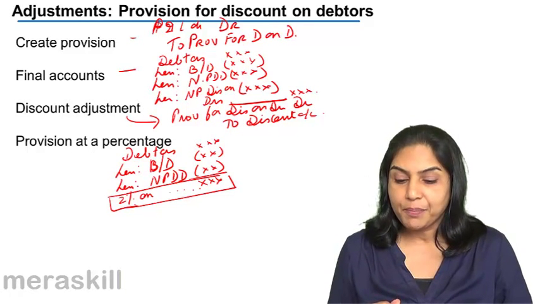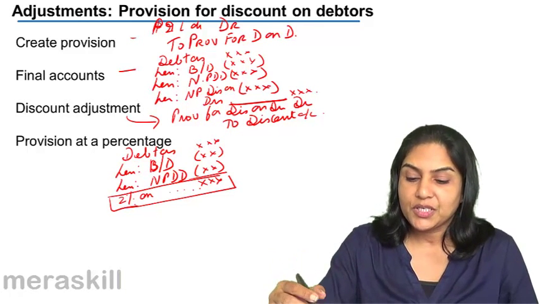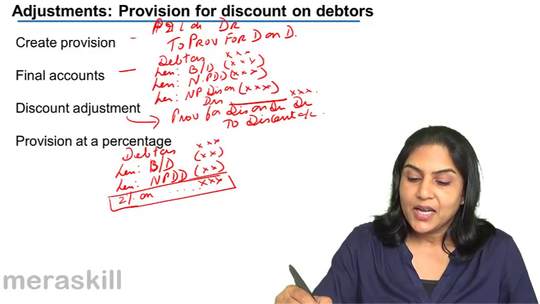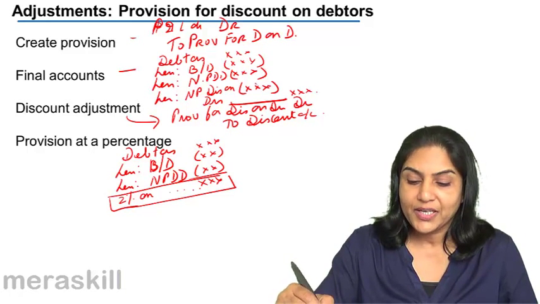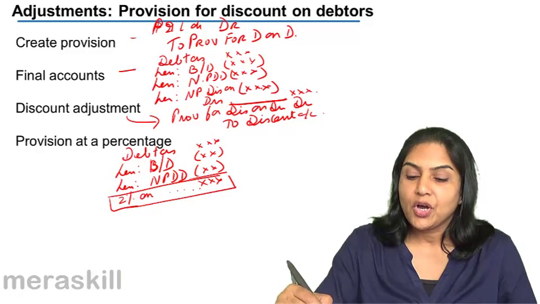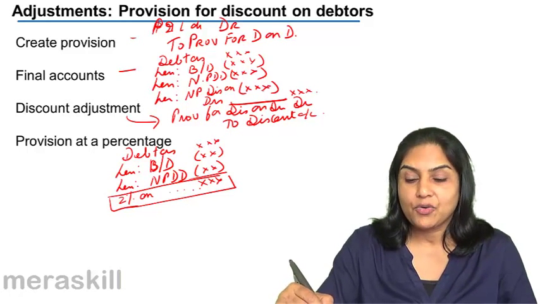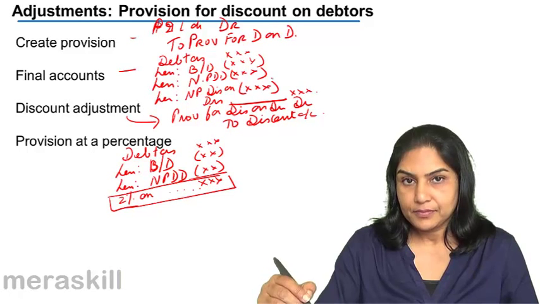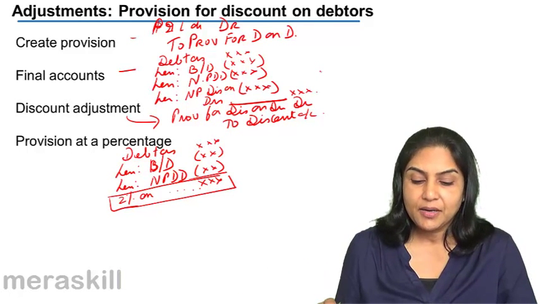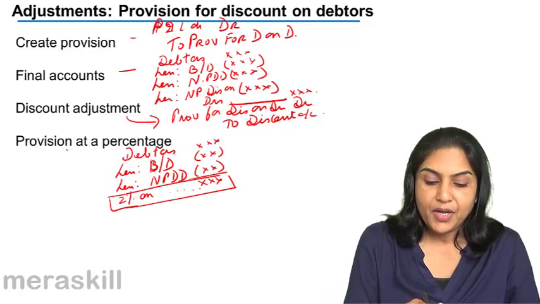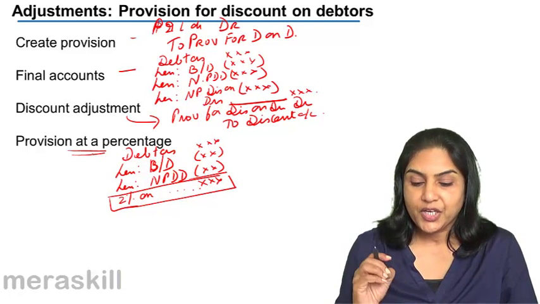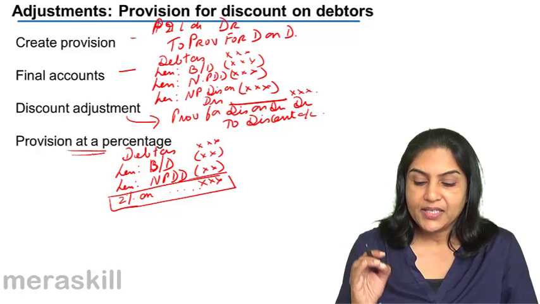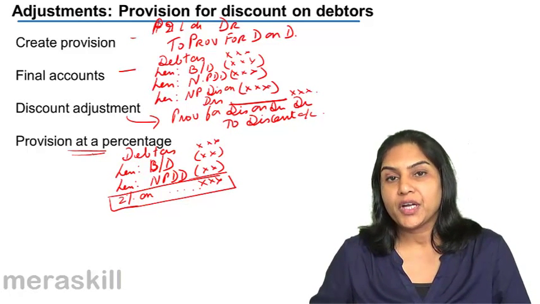And how does it appear in the balance sheet? Like we discussed before, debtors less bad debts, less new provision for doubtful debts, less new provision for discount on debtors. This is how it appears in the balance sheet. But please remember, when it is provided at a percentage, we take this percentage on debtors less bad debts less new provision for doubtful debts.